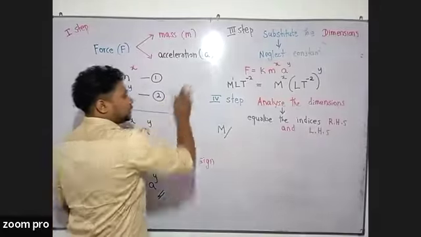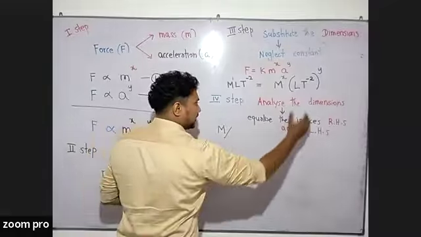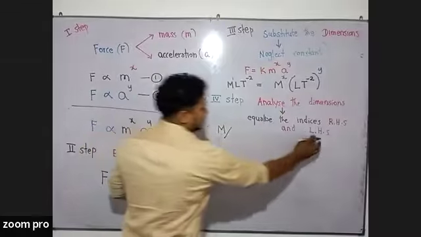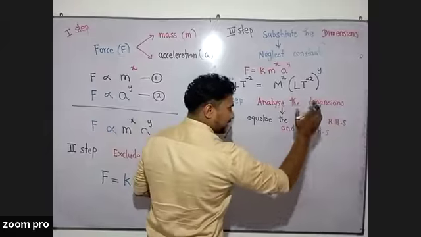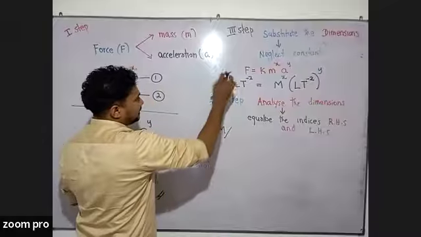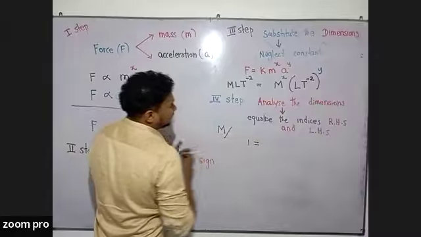So in dimension analyzing, you have to equalize the indices of the right side and the left side. The LHS means left hand side, RHS means right hand side. In the left hand side, what is the index of m? It is equal to 1, isn't it?